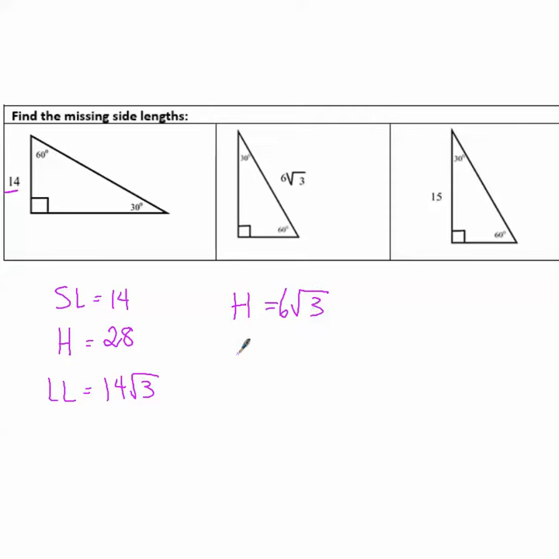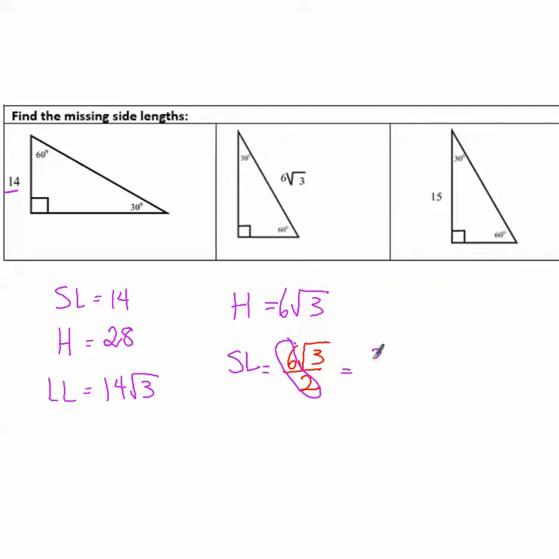To find the short leg, we just divide the hypotenuse by 2. The 6 and the 2 reduce. What is 6 divided by 2? Hope you said 3. So 3 square root of 3 is your short leg.